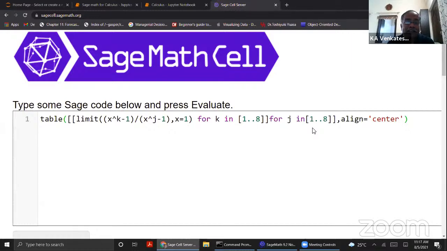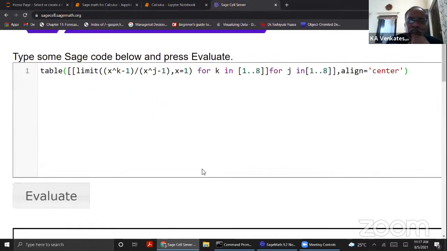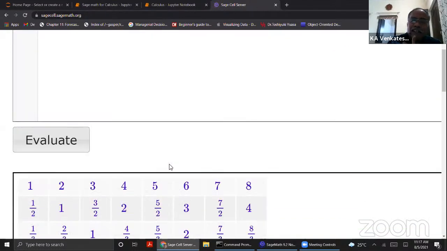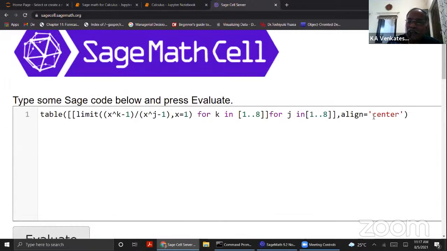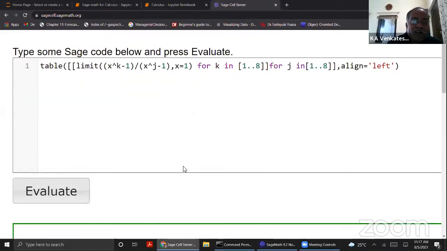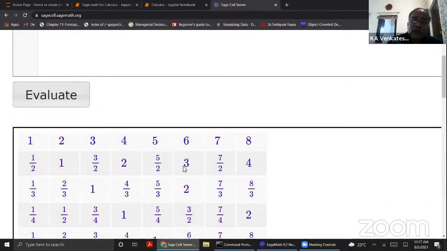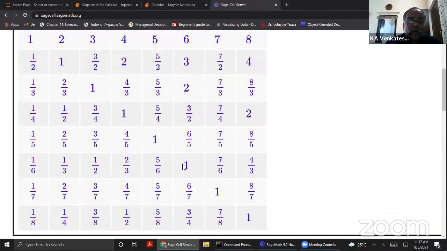At the end of the day, you can practice it. So, table. I'll evaluate it. Yes. If you have not put center, instead of center you can put left. So obviously there's no big difference. All will be aligned towards the left. So as per your need, you can play with this.